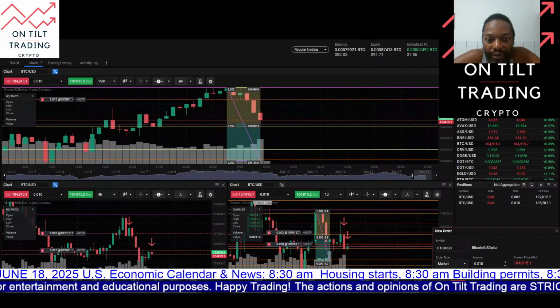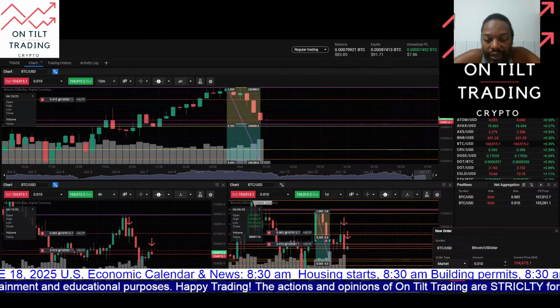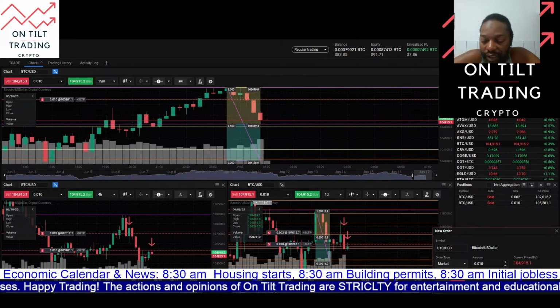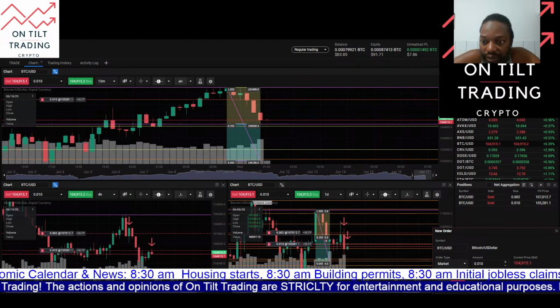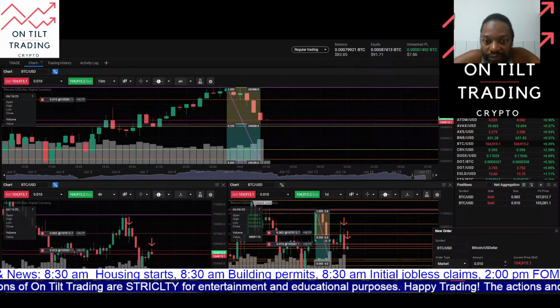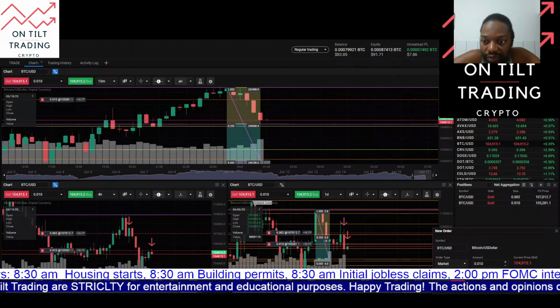Currently, price is consolidating in this current candle. Consolidating here, it seems to be between the 104,900 level and the 104,950 level.